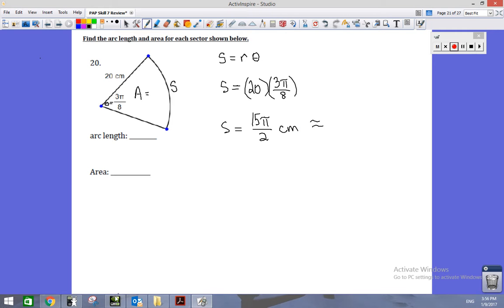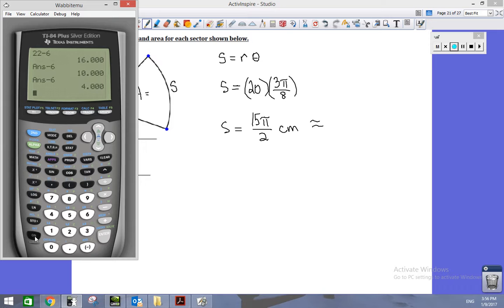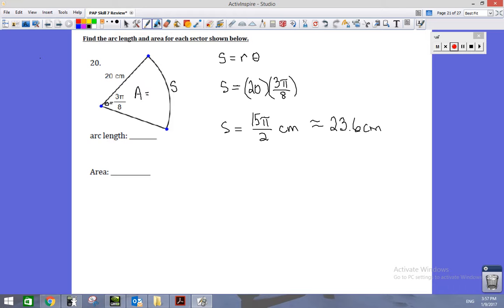I usually just give the exact answer, but if you want some decimal approximation, let's approximate it to the nearest tenth, to 1 decimal, 15 pi divided by 2. I'm getting an approximate 23.6 centimeters is the length of the arc of this sector.